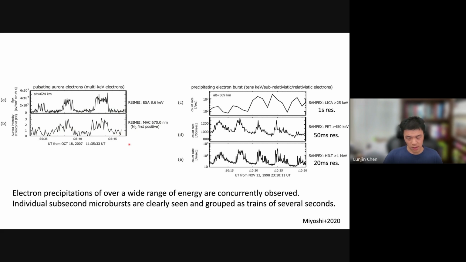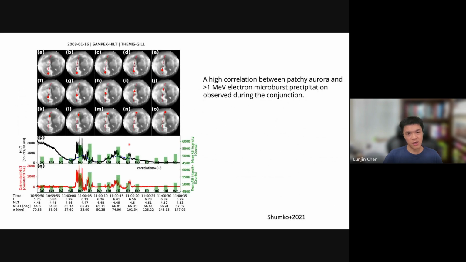So next one. The other interesting measurement is comparing the SAMPEX relativistic electron measurement with the ground-based all-sky imager, GRIL. Here are 45-second snapshots of the aurora image, the patchy aurora image.